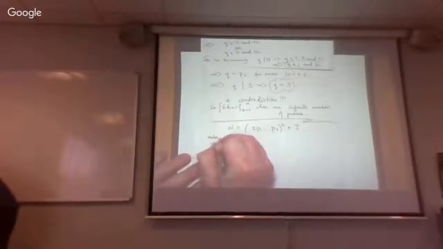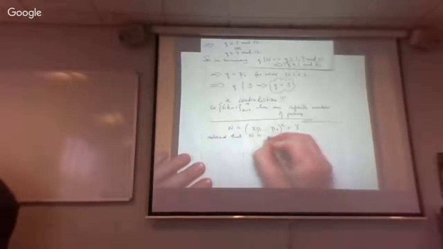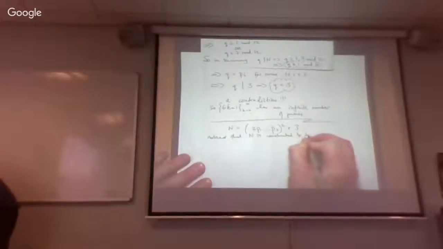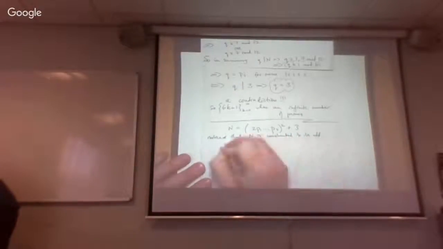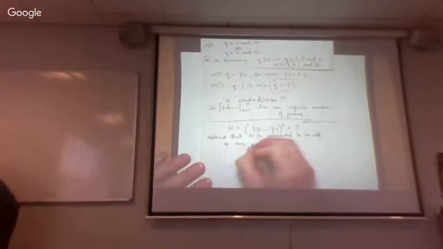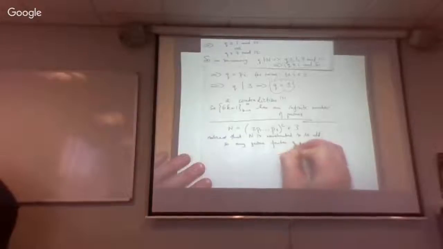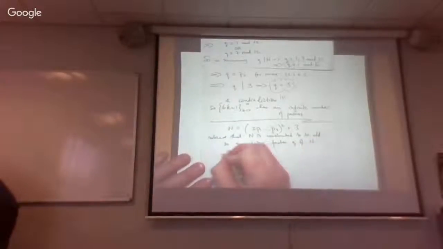So notice, n is constructed to be odd. So any prime factor Q is not 2.